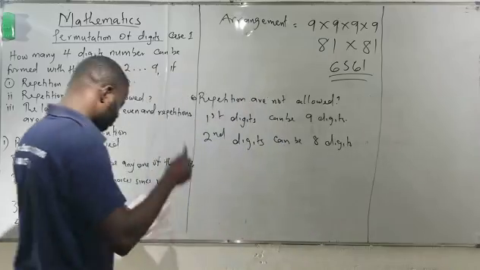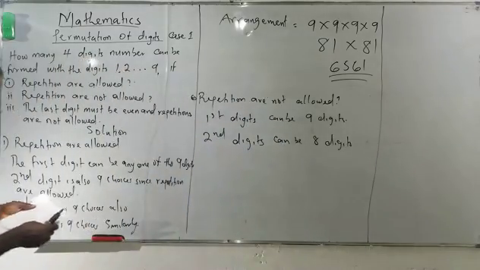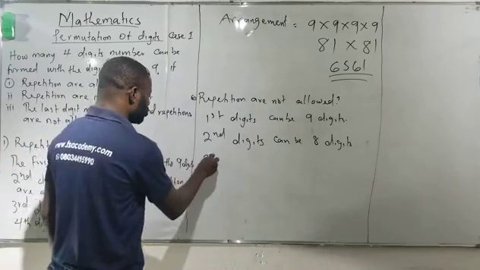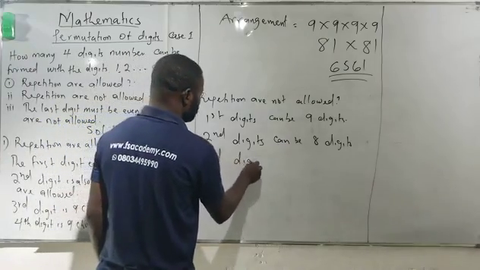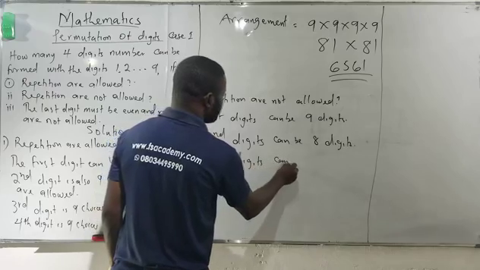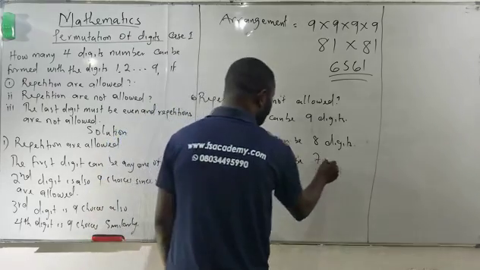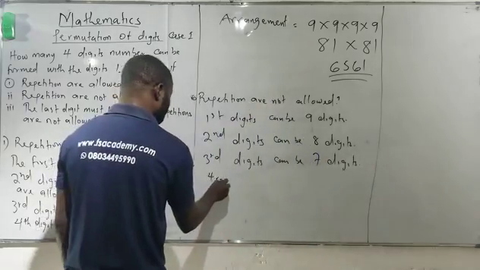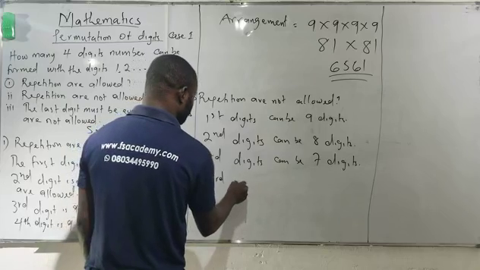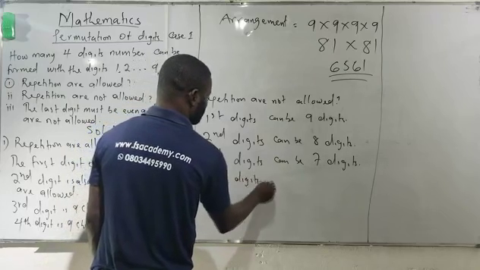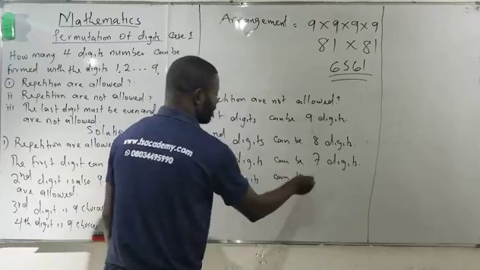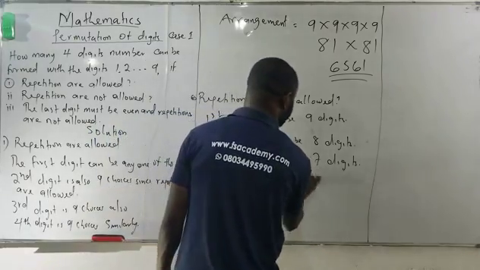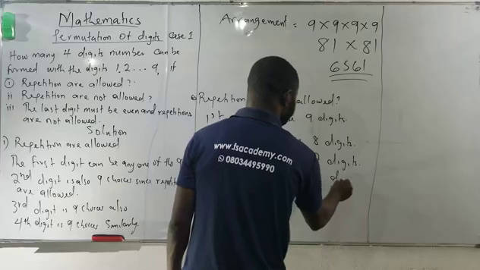Now, that is what you just need to do. The third digit can be 7 digits. Now, the fourth digit can be 6 digits.